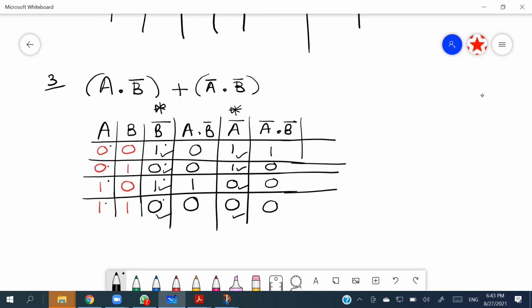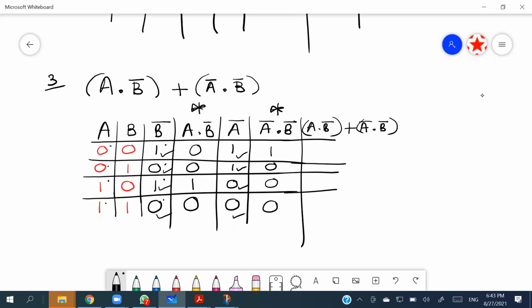So to take the final answer, now we have A dot B bar and we have A bar dot B bar. So this column and this are going to be added up. So A dot B bar plus A bar dot B bar. Right.